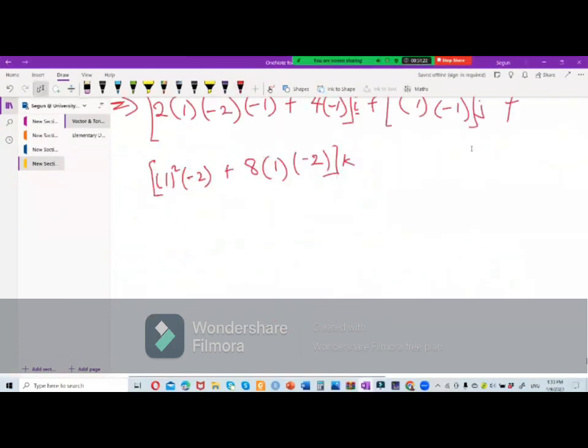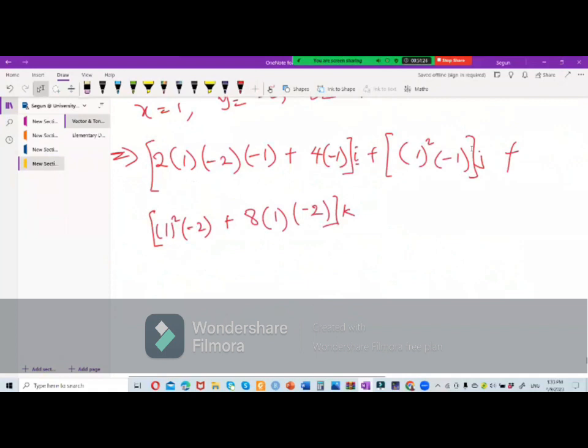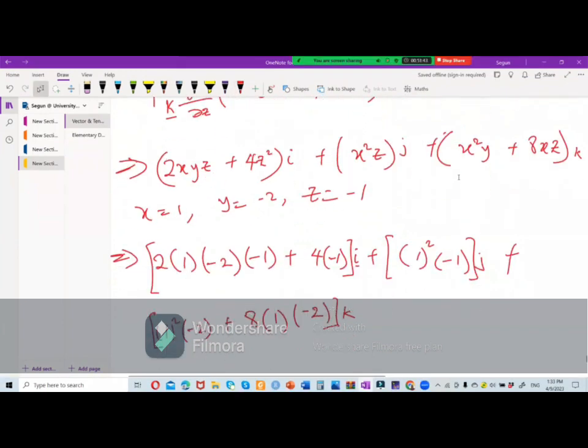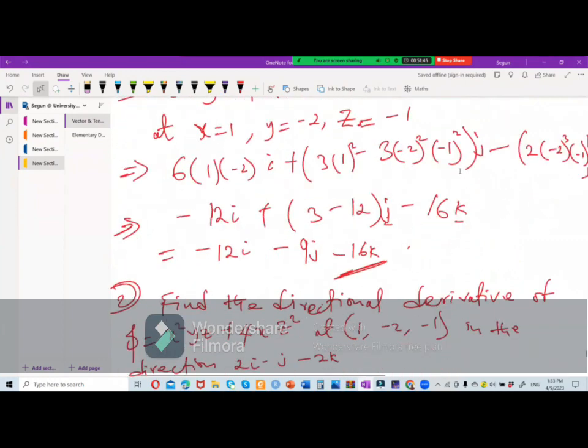So if you solve it very well, what do you have, please? Anybody?